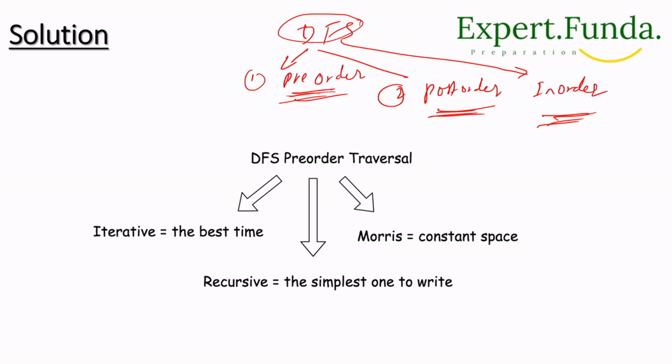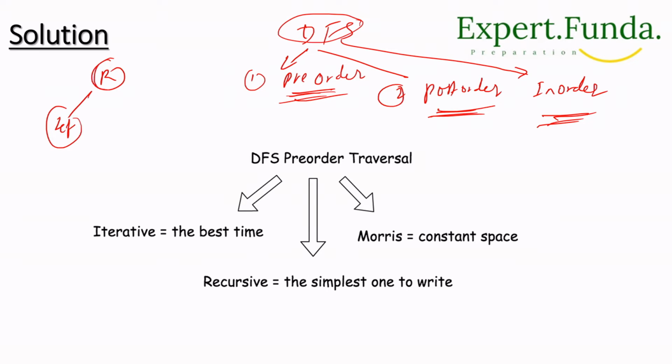For the optimal strategy to solve this problem, let's suppose this is the root. First we go to the root, then to the left side, then right. This approach is called pre-order.